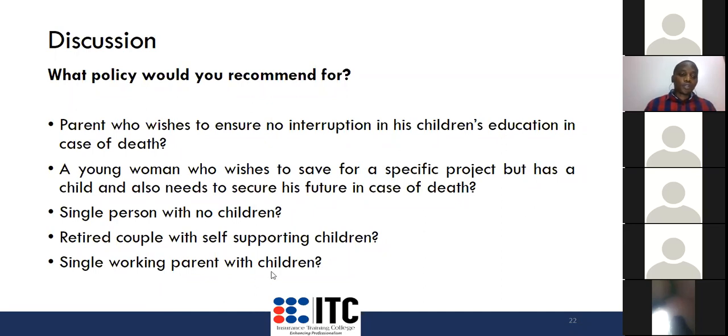If this person has a well-paying job, regular income, and expects to retire at a particular point in time, then a specific policy may work better for them than another one.